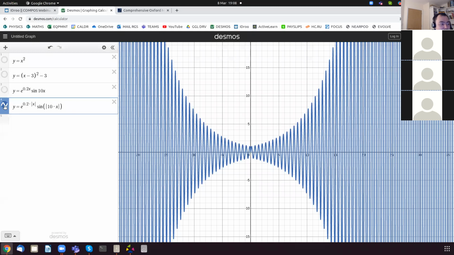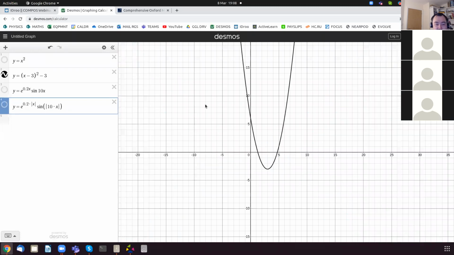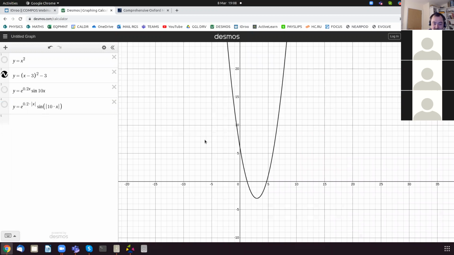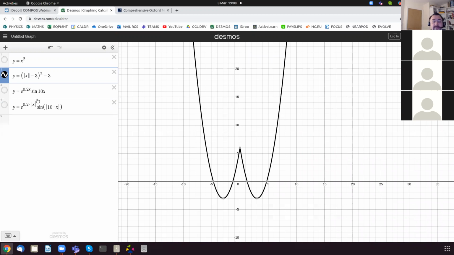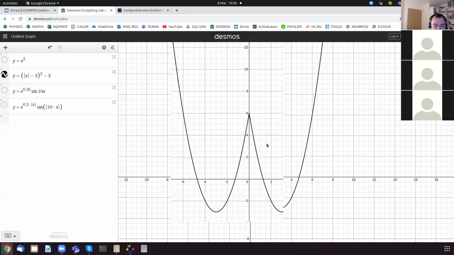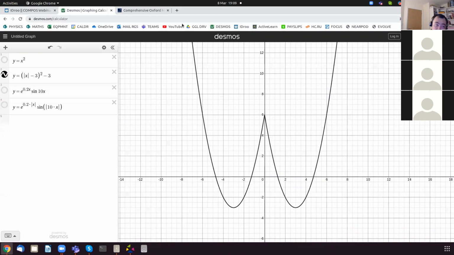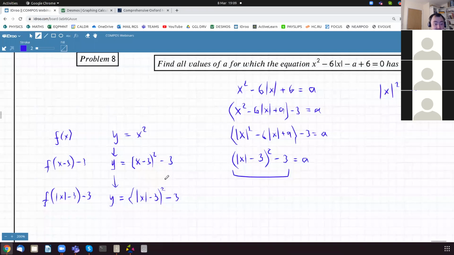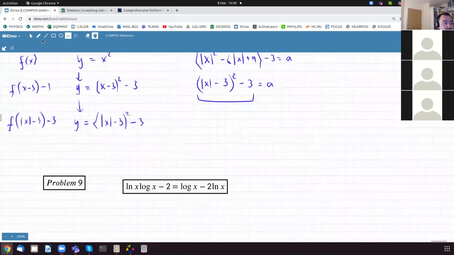So if we have this graph and mirror the right-hand side on the left, we're going to have two semi-parabolas. If I do modulus x here, this is what I get, the upside down McDonald's sign. So we can plot that graph.